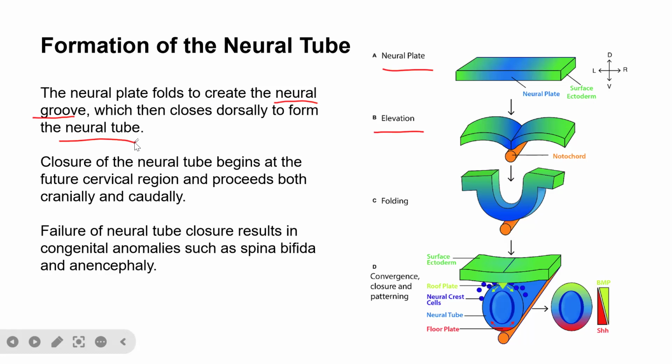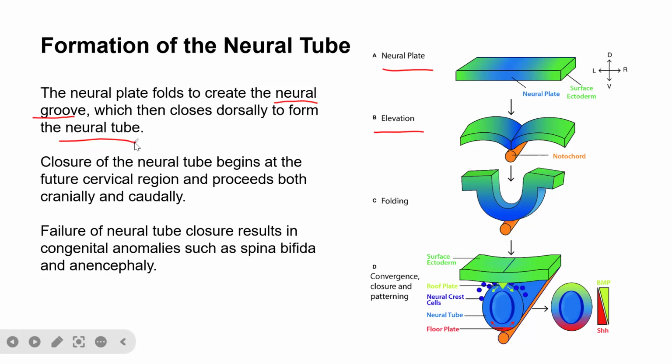So at the future cervical region, that is where the closure of the neural tube begins, and then proceeds both cranially and then caudally. And of course, you know that there are certain diseases that happen as a result of a failure of the neural tube closure, resulting in congenital anomalies such as spina bifida and anencephaly.